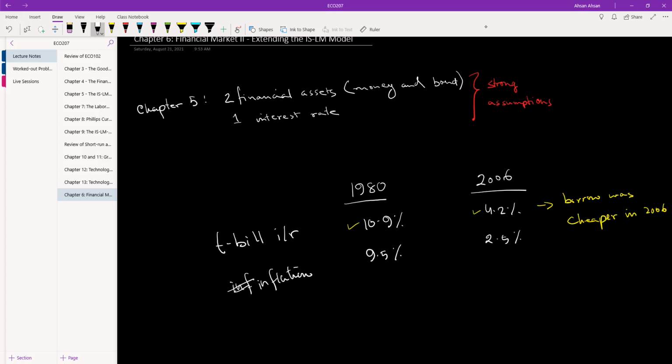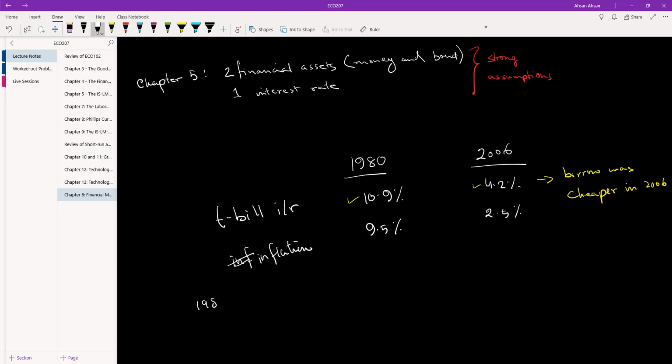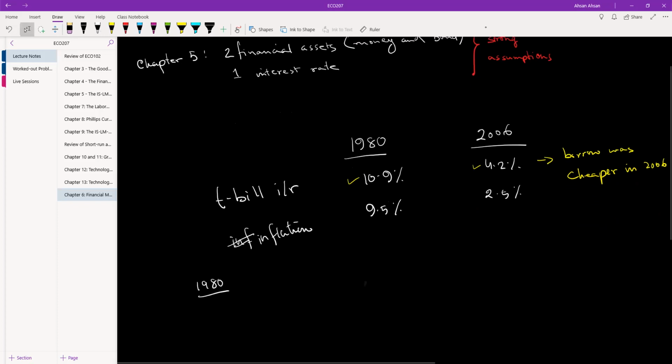So effectively, what would happen is that in 1980, if you borrowed $100, after 1 year, with the interest rate, you would have to pay back $110.9, right? But during this one year, there would also be an inflation of 9.5%.